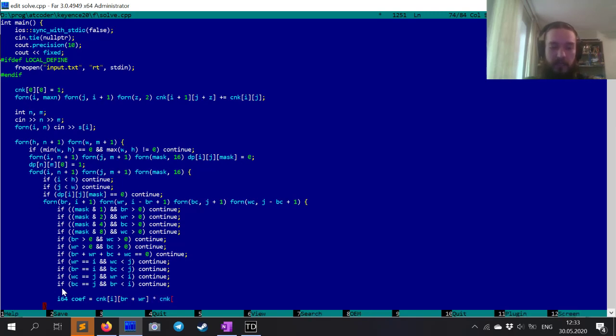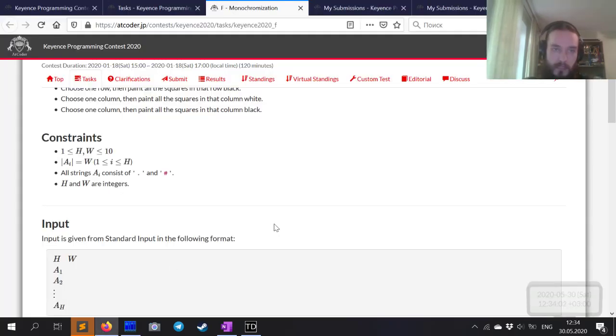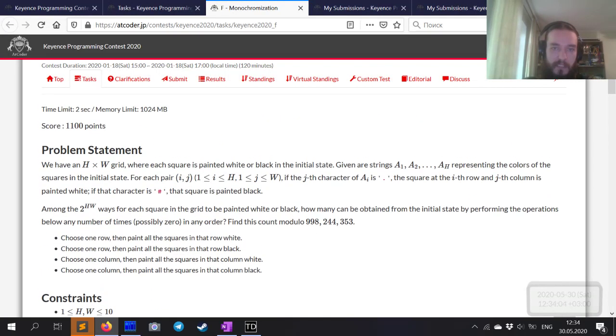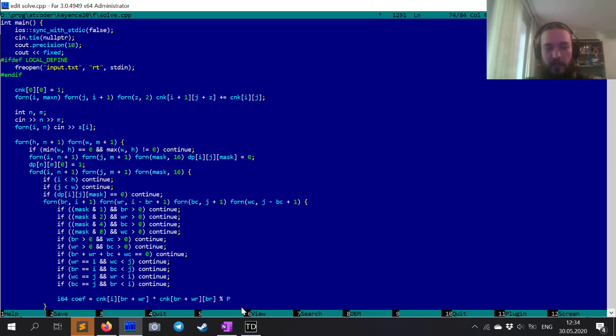Multiply that by the number of ways to choose black rows out of all these ones. Here we have to keep track of overflows, because we have to output the number modulo something, and if we are not careful, we will overflow. The same thing goes for the columns.